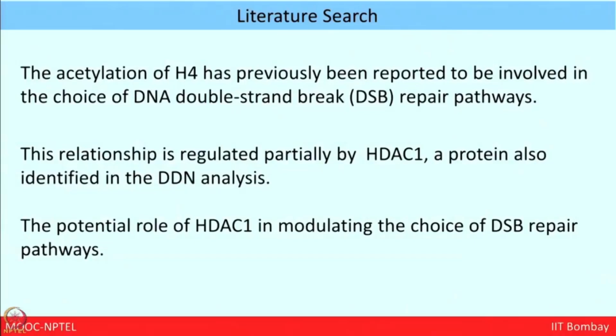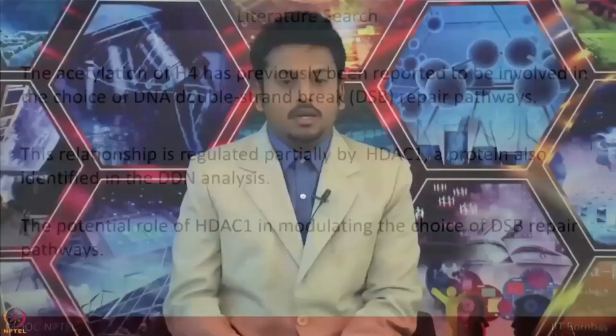So, they went back and searched further in the literature, and they found that acetylation of H4 has previously been reported to be involved in the choice of DNA double strand break, DSB, repair pathway. The relationship is regulated partially by HDAC1, a protein also identified in the DDN analysis. The potential role of HDAC in modulating the choice of DSB repair pathway has been identified.